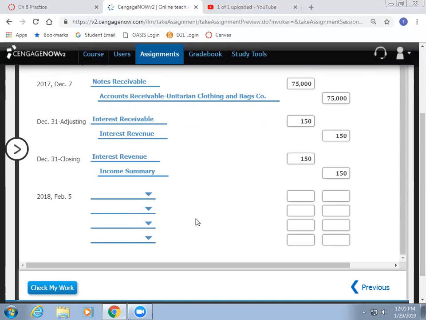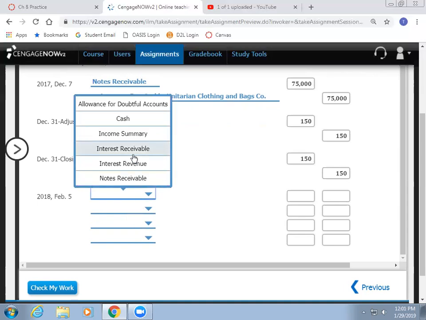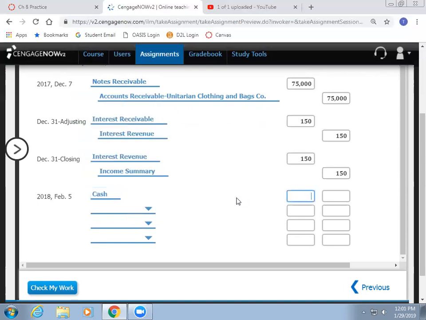So how much am I receiving from them in cash on February 5th? Very good. $75,375: the original face value of the note, the $75,000, plus all 60 days worth of interest that has accrued, which is $375.